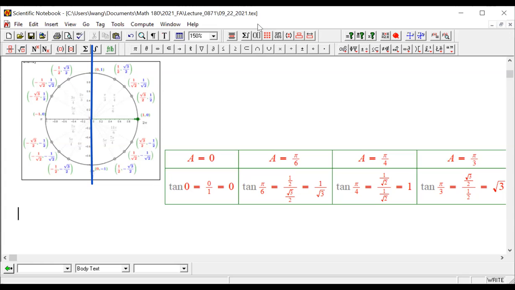So let's look at what are the numbers that cannot be in the domain. Angles that cannot be in the domain of tangent cannot be pi over 2, or 3 pi over 2.